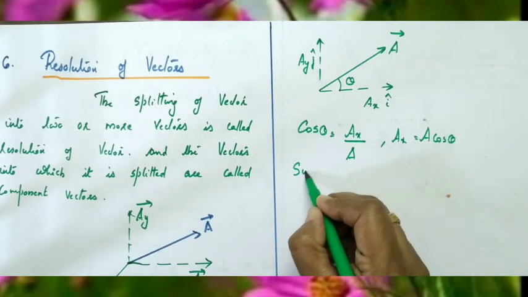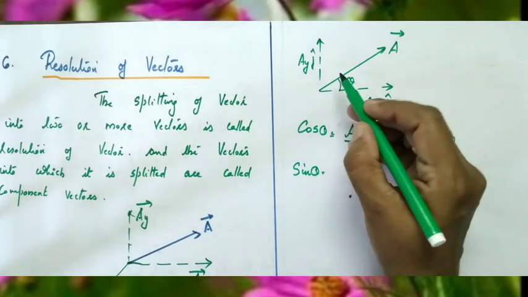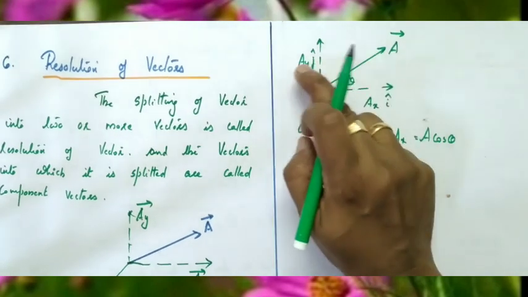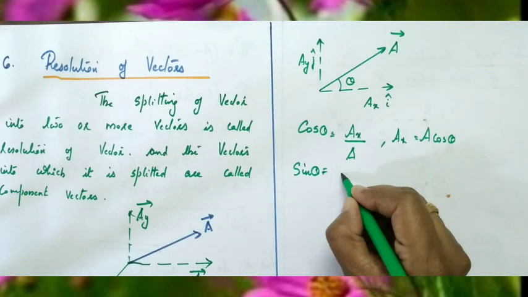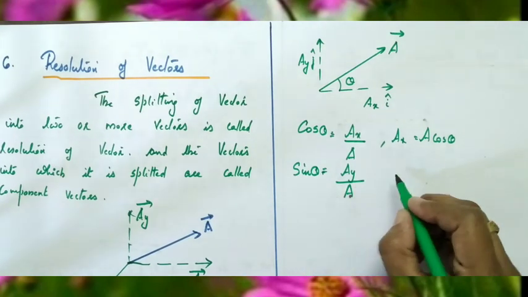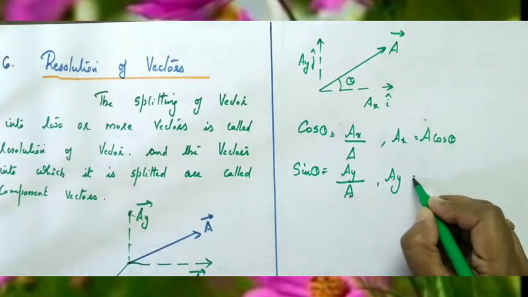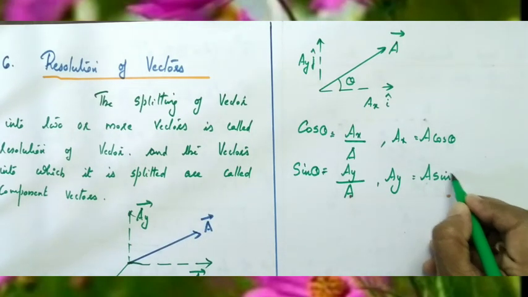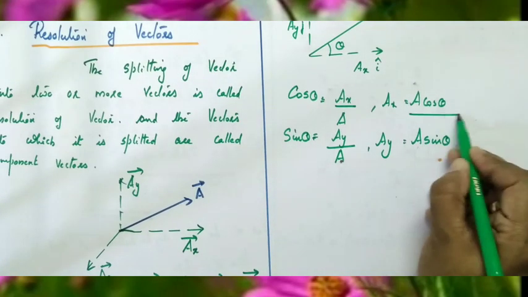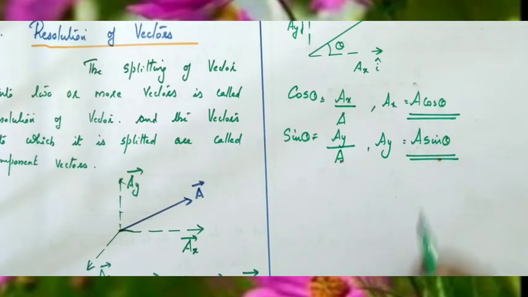Similarly, sin theta is equal to opposite side, and opposite side means these two are parallel, so opposite side is Ay divided by hypotenuse A. So Ay is equal to A sin theta. So the component Ax is A cos theta and Ay is A sin theta.